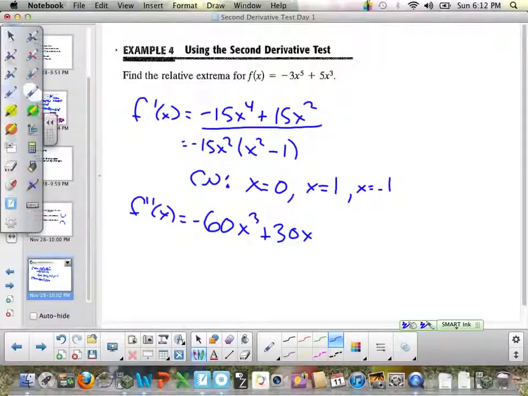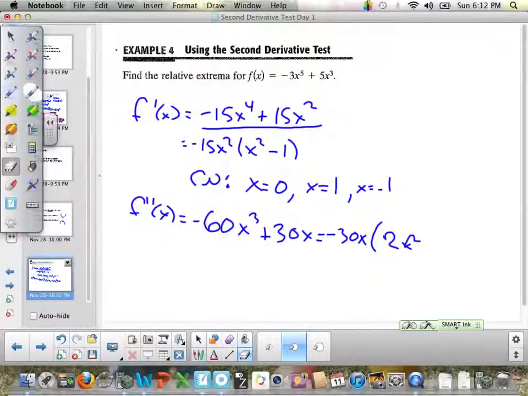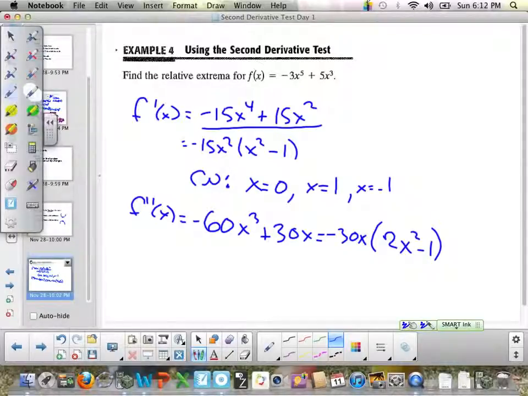It looks like they both have a 30x in them, so I'm going to factor that out. It's easier to do a number line check if you have it in factored form, because then all you need to worry about is positive or negative. Factor out negative 30x, we're left with 2x squared minus 1.